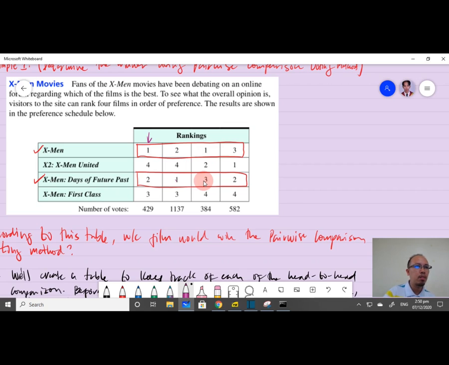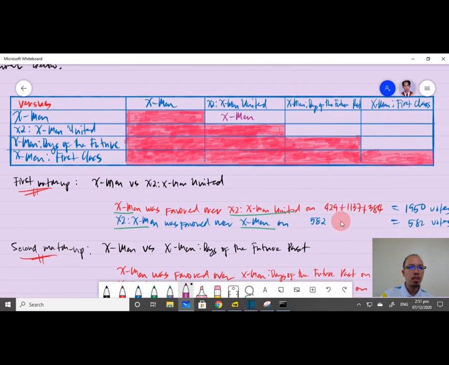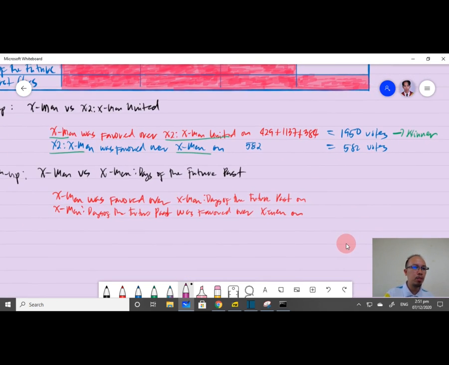So this one is for X-Men, 3, 2 is for Days of the Future. These two values are for X-Men, while X-Men Days of the Future is this value here. Let's put it down: 429 and 384.